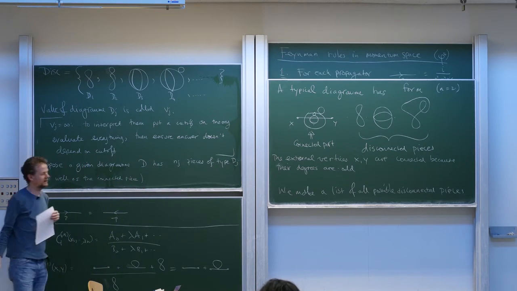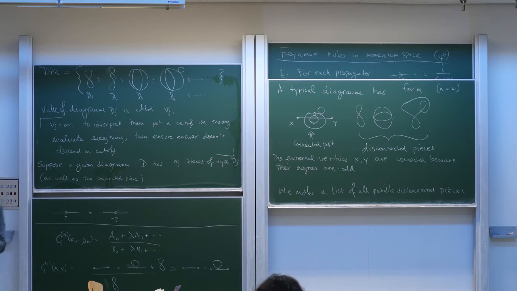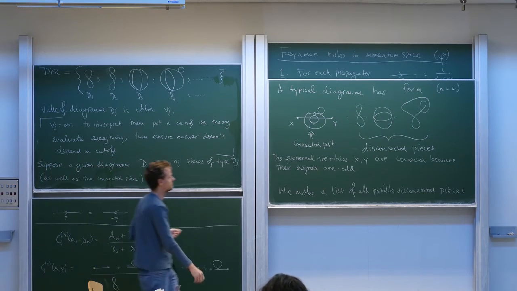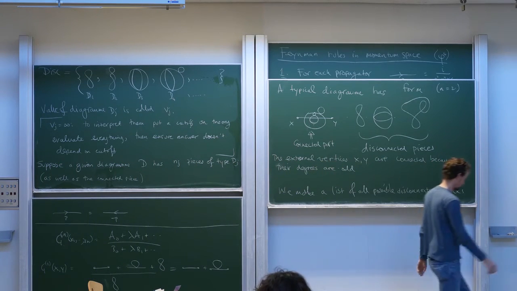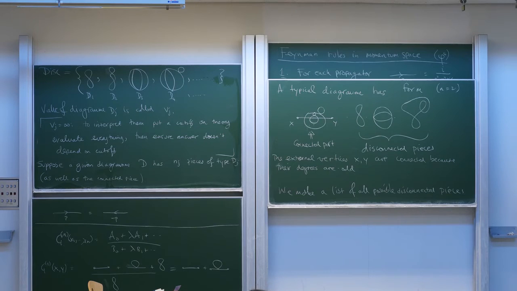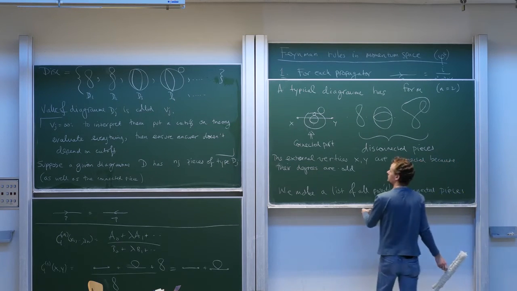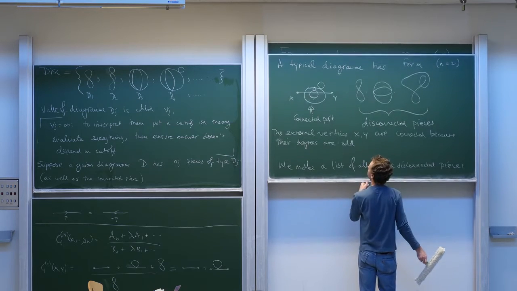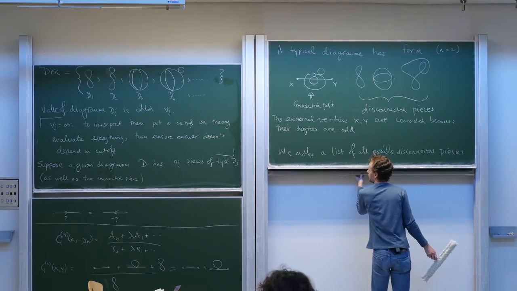All right, let's now start this argument. Suppose your diagram that you're interested in has nj pieces of type dj. Well, we'll be able to work out the value of this diagram using those Vj numbers that we've written up there.